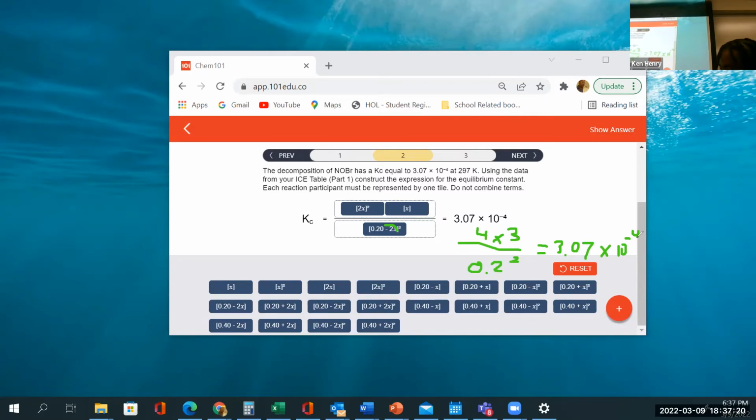So we get 4x cubed equals, sorry, my brain is working on autopilot here, 1.2 times 10 to the minus 5.